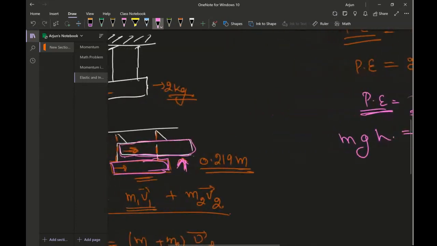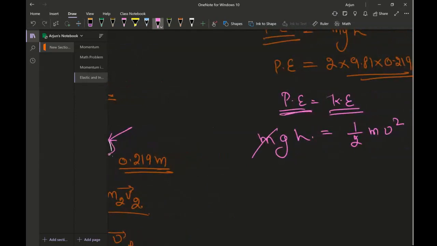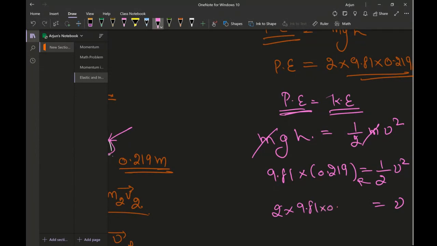Because the bullet is embedded into the pendulum, both masses are the same, so I can cancel them. The g value is 9.81 times height, which is 0.219, equal to half times v squared. From here I can find the velocity. 2 times 9.81 times 0.219 goes on the other side, and then the square becomes a square root, and you will find the velocity from here.